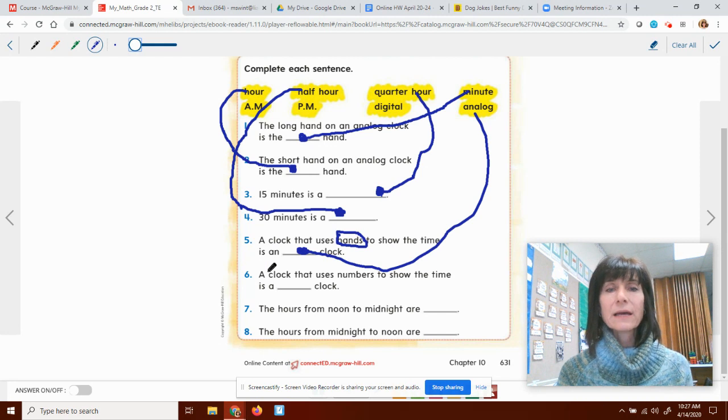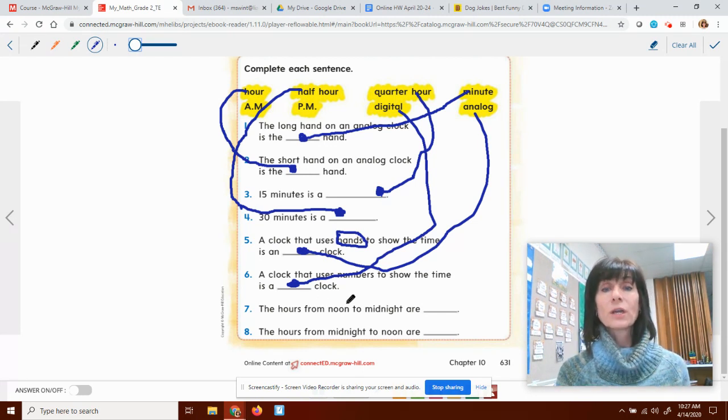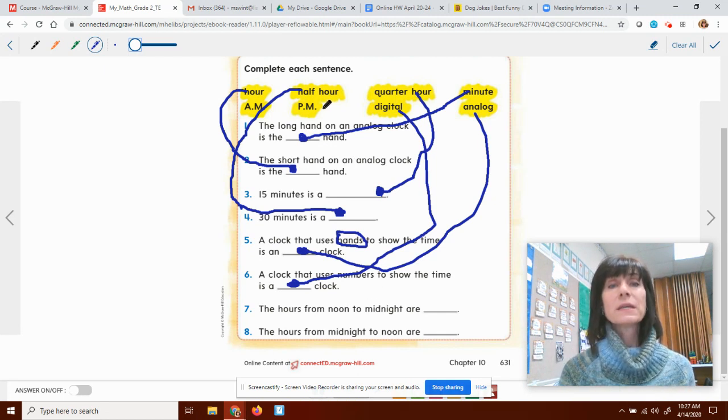Number 6, a clock that uses numbers to show the time is, that's the only other type of clock that we've studied, which is a digital clock. The hours from noon, so think about at lunch when we eat our lunch, to midnight are, is it the PM or the AM?